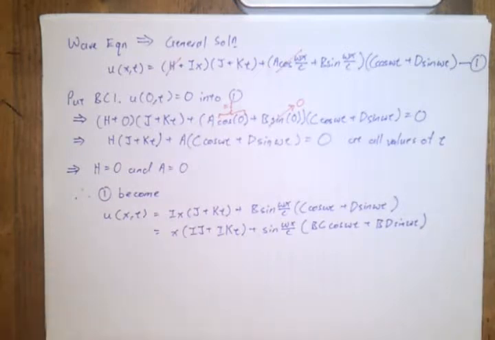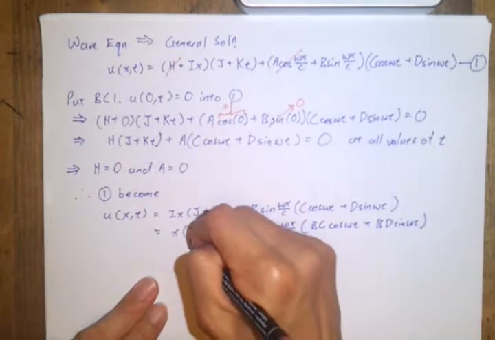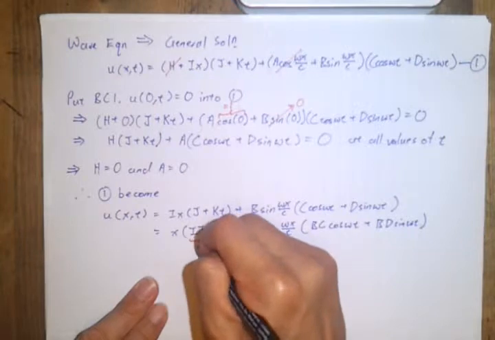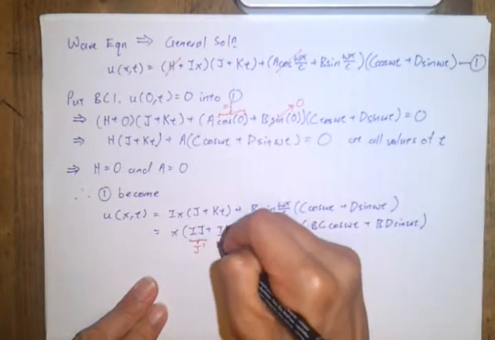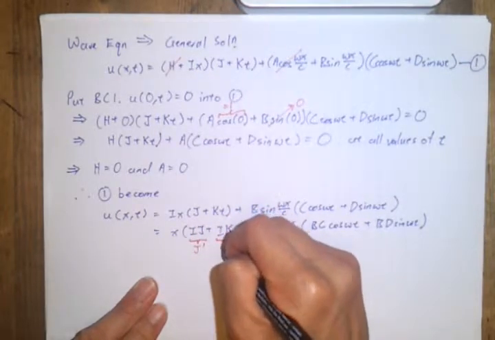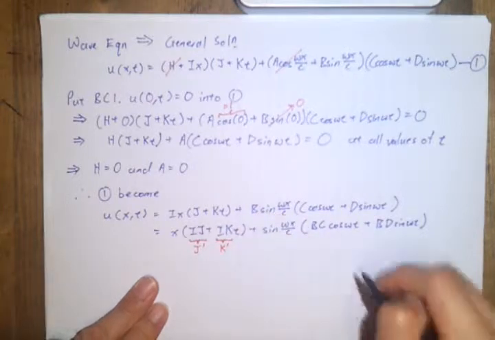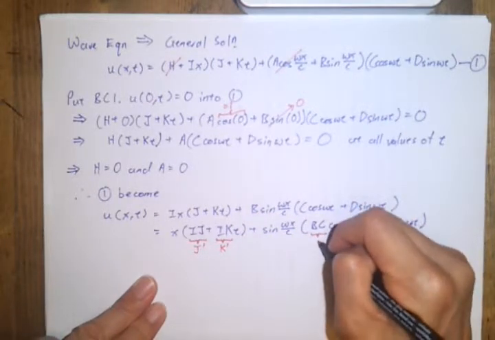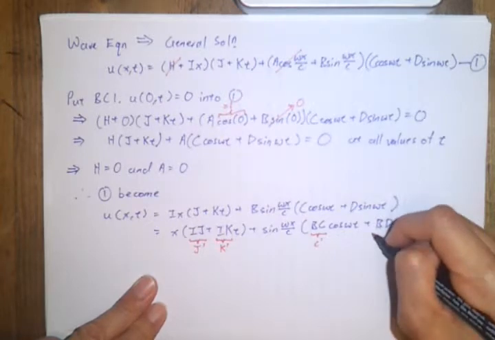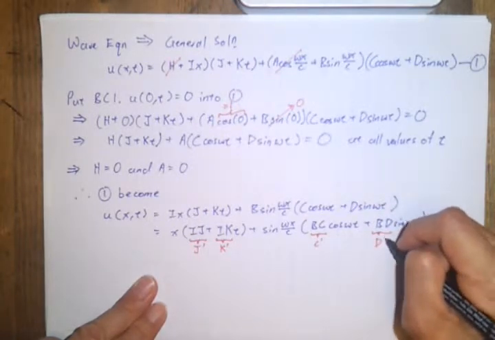Alright? Okay, I'm going to call this I times j, I'm going to give it a new name. I'm going to call it j prime. I times k, I'm going to call it k prime. Right? And b times c, I'm going to call it c prime. And b times d, I'm going to call it d prime.